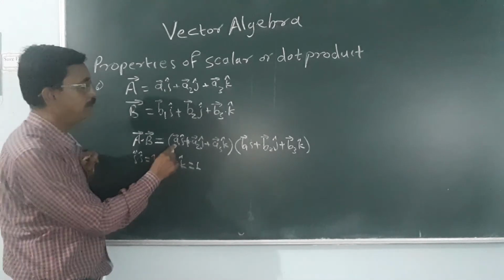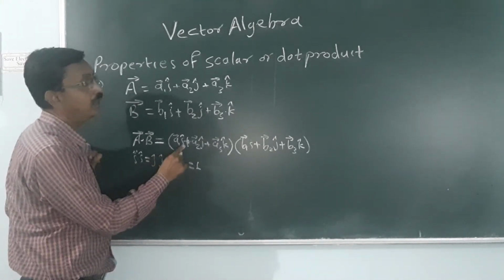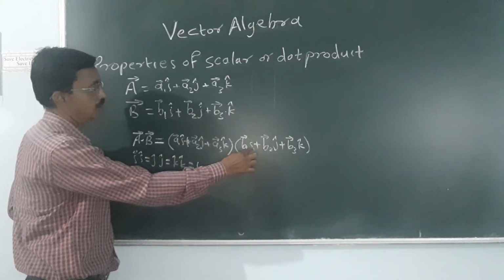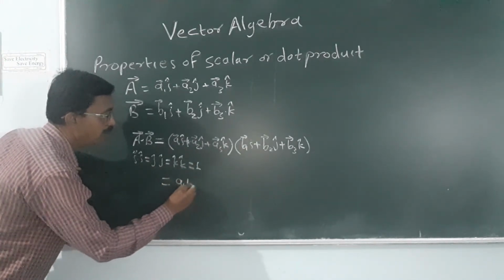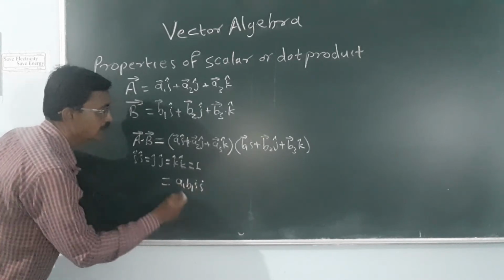So a1 i into b1 i becomes 1, so here it is a1 b1.